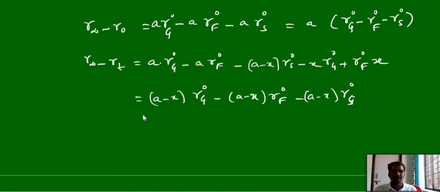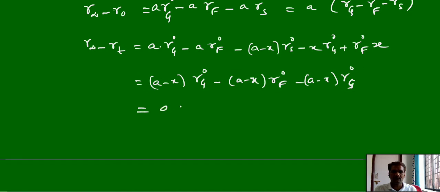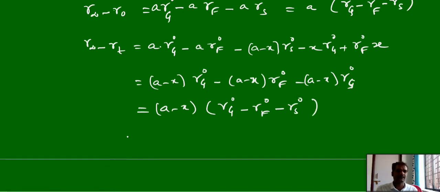You can take A minus X common overall. What is left? R G naught minus R F naught minus R sucrose, specific rotations. This is R infinity minus RT.